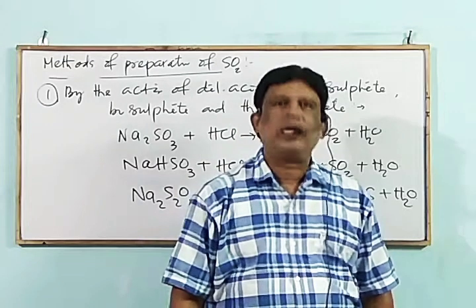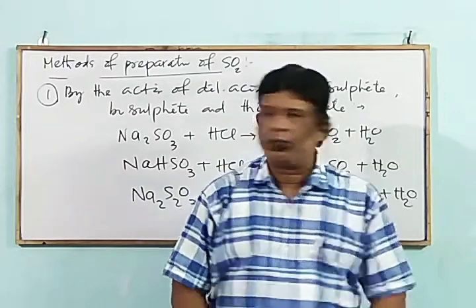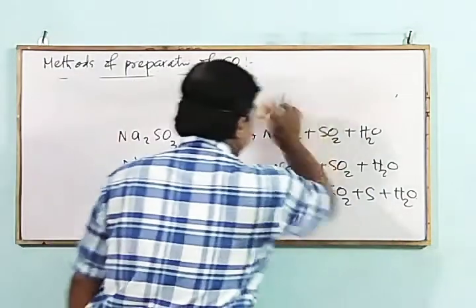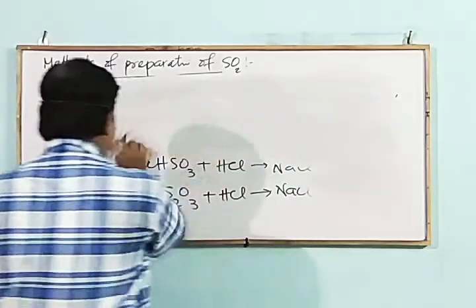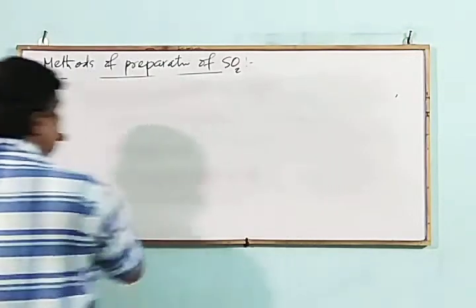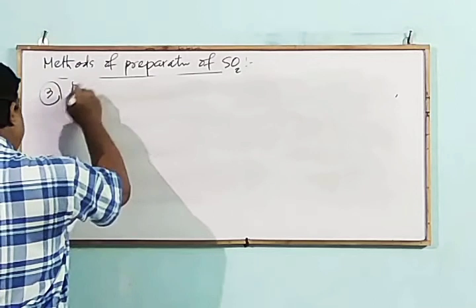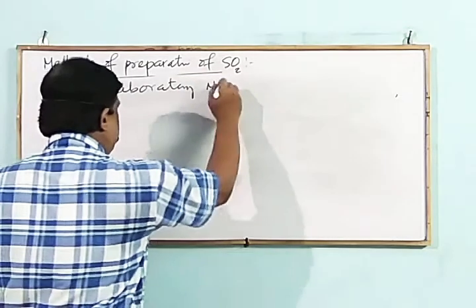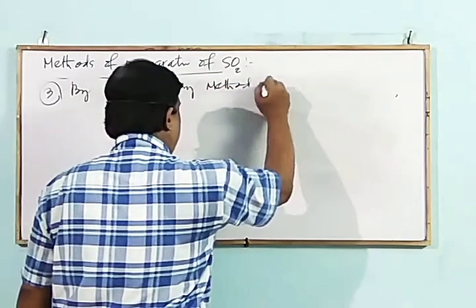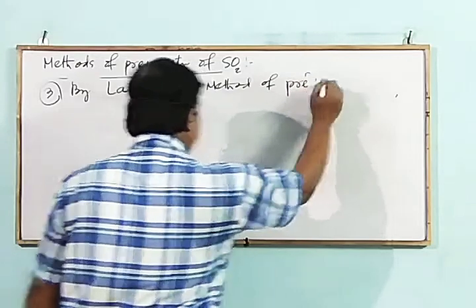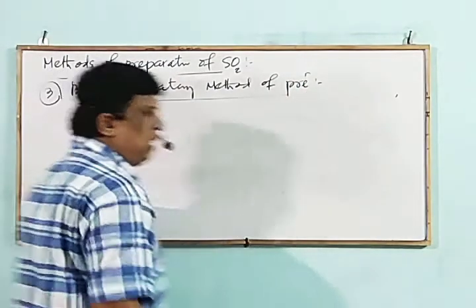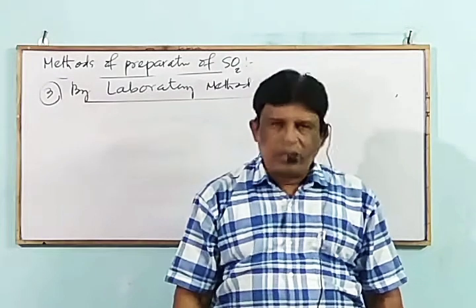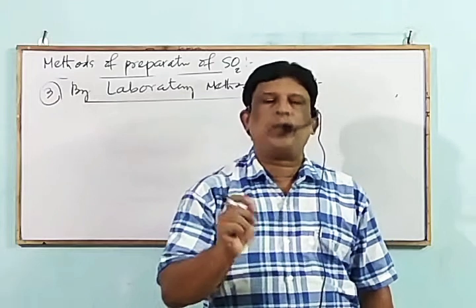Move to the third method, that is the laboratory method of preparation. In the laboratory, sulfur dioxide is prepared by the action of concentrated sulfuric acid with copper chips.